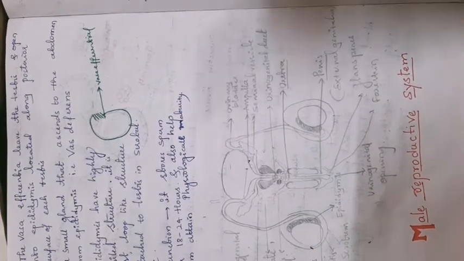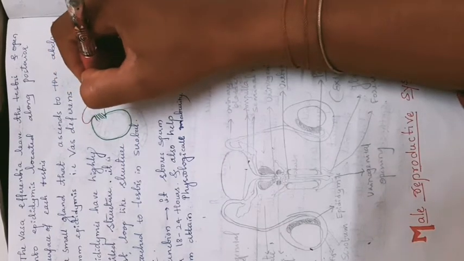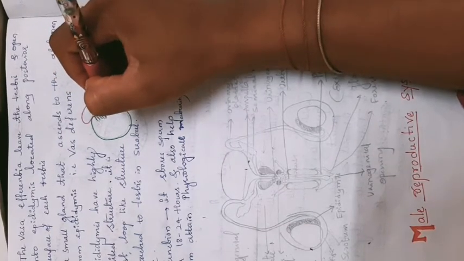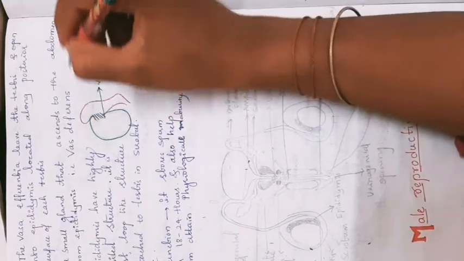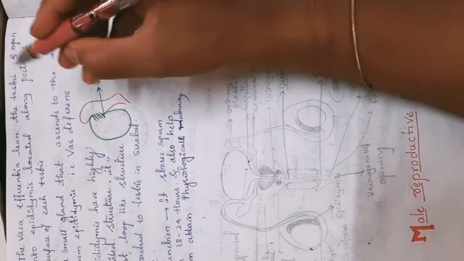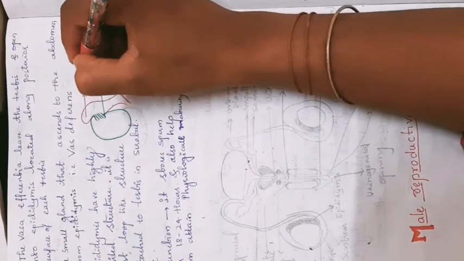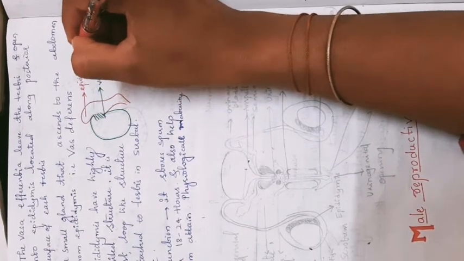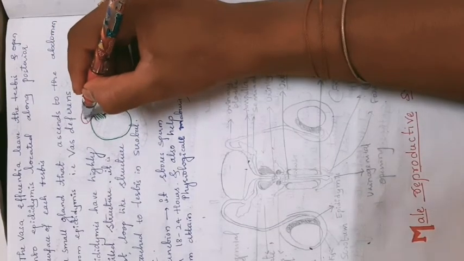A small sac-like, loop-like structure is attached to the seminiferous tubule connection, that is the vasa efferentia. The highly coiled loop-like structure is called the epididymis. Epididymis is a highly coiled structure.